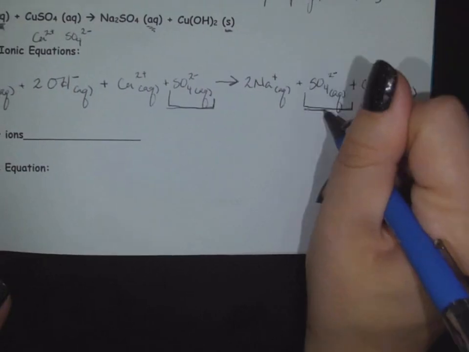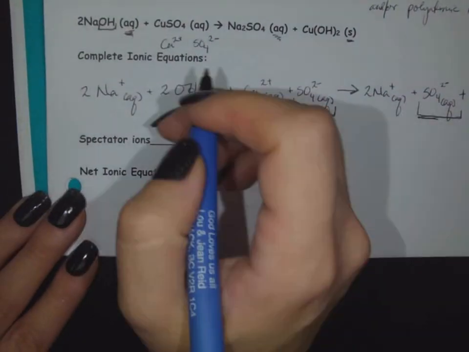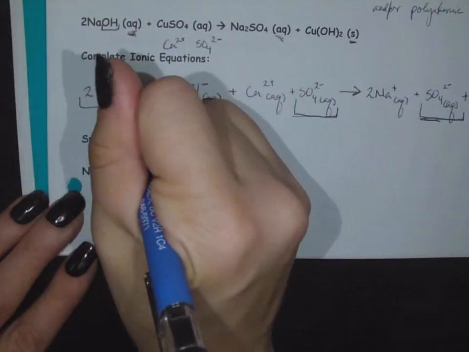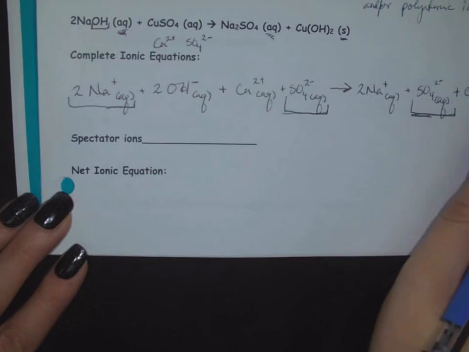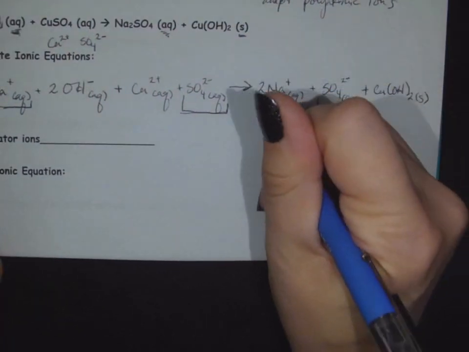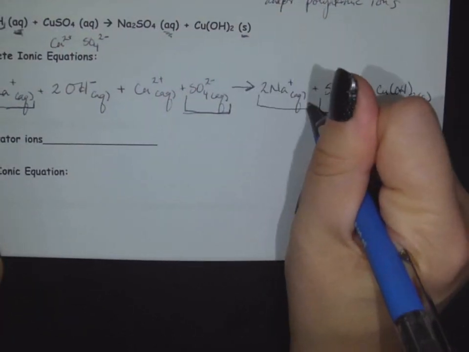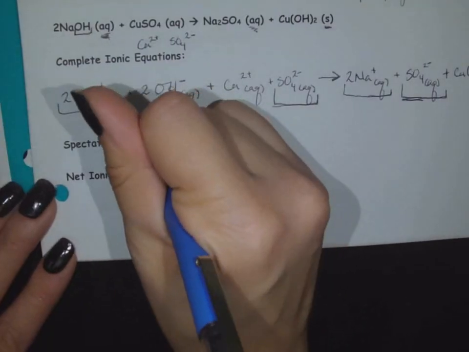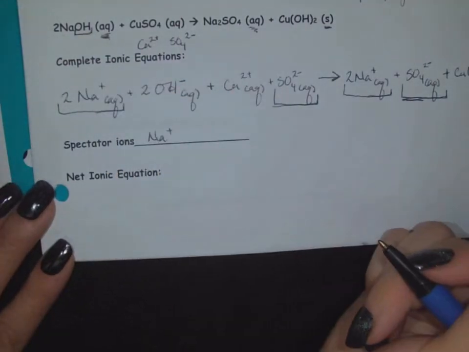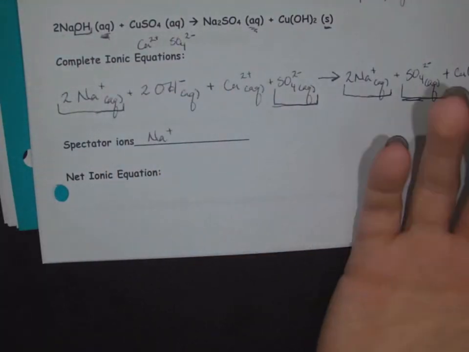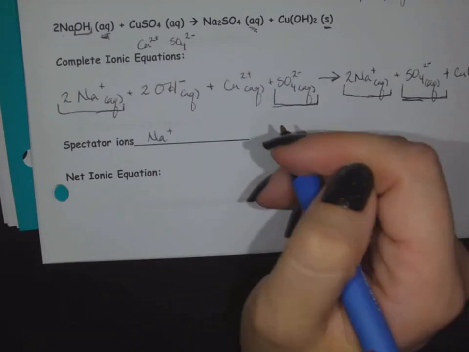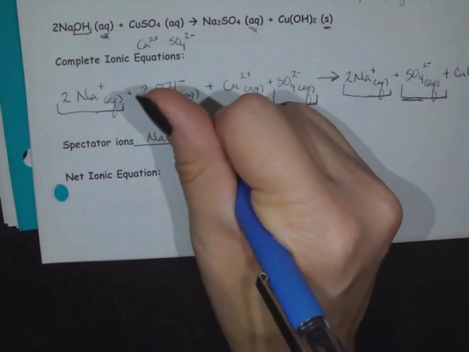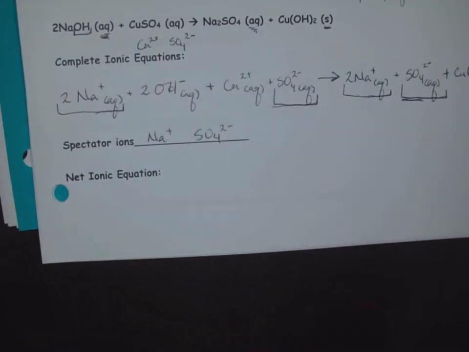We got one other spectator ion, and that's sodium. We got 2 sodium ions aqueous and 2 sodium ions aqueous. So Na plus is a spectator ion. It's just there spectating the chemical reaction. It's not actually part of the chemical reaction. And sulfate is the same way.